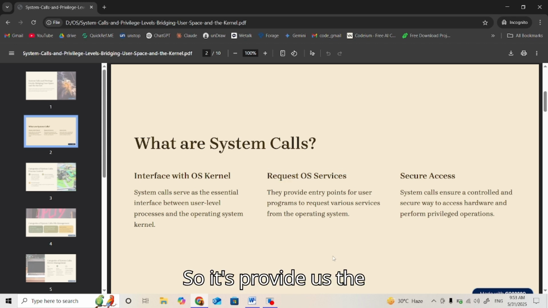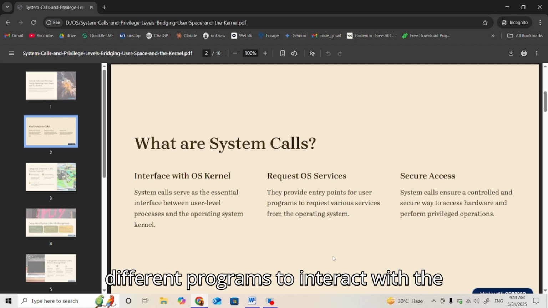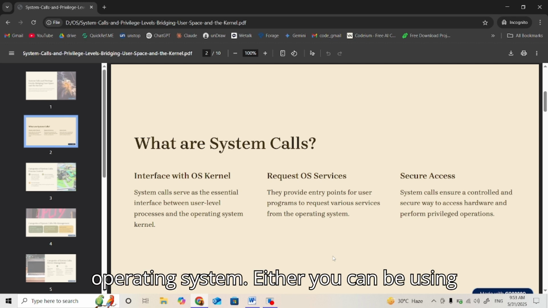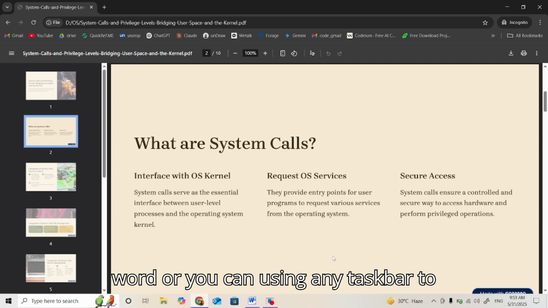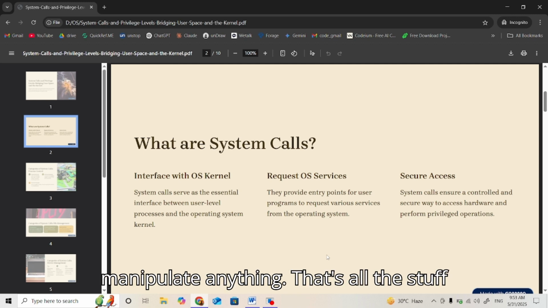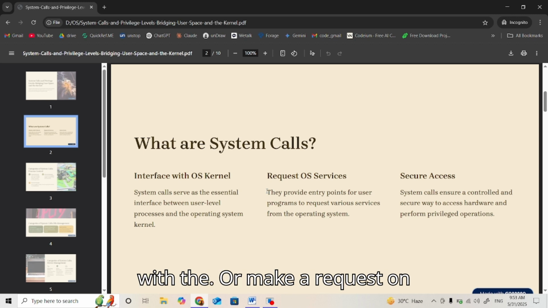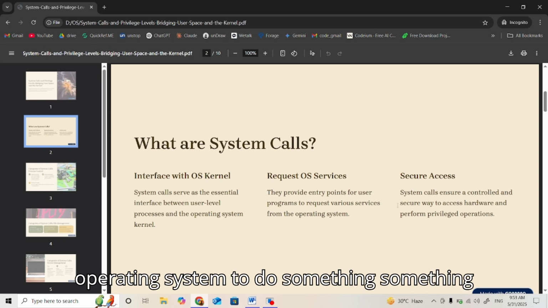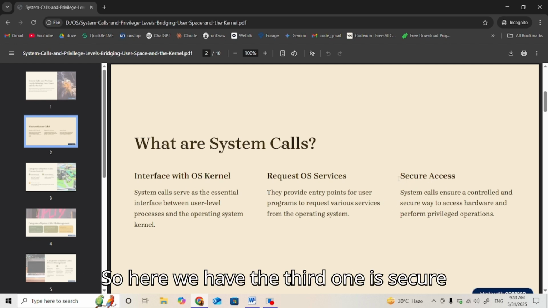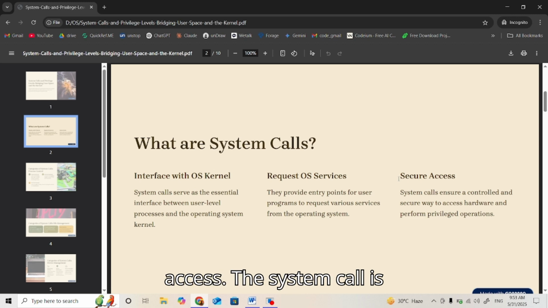It lets different programs interact with the operating system. Either you are using Word or any taskbar to manipulate anything, all that is provided by the system call to make a request to the operating system to do something.